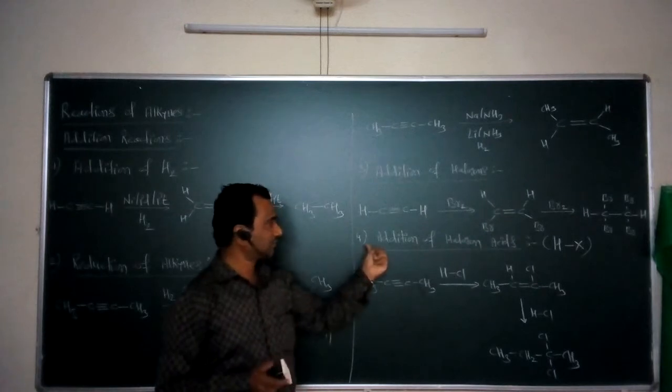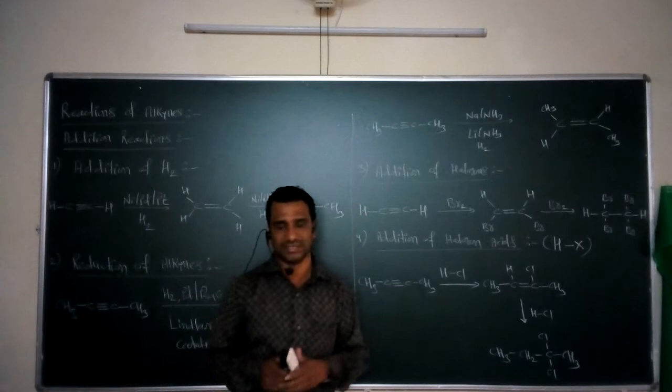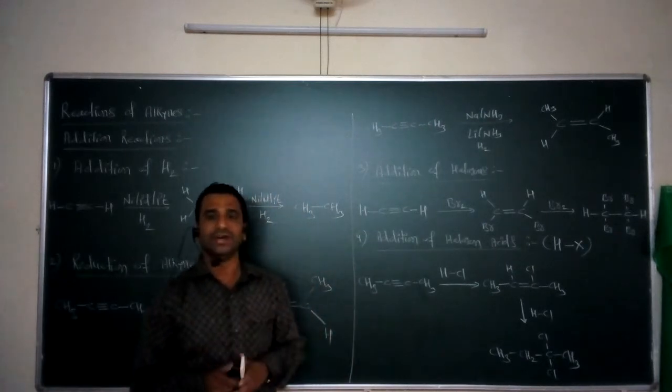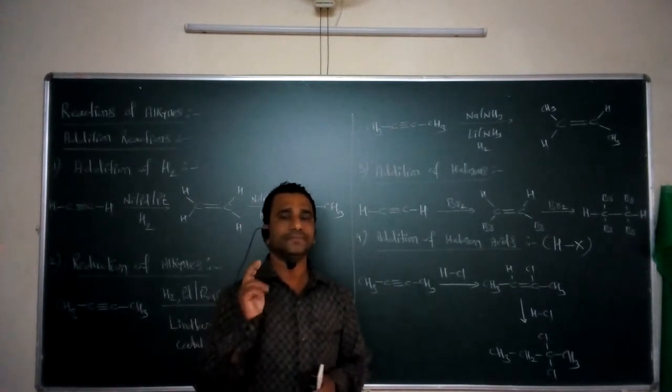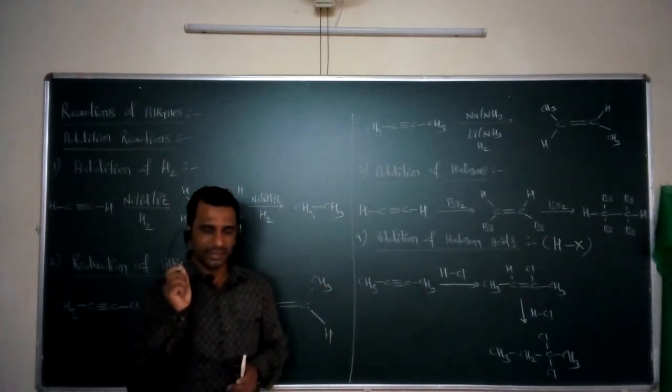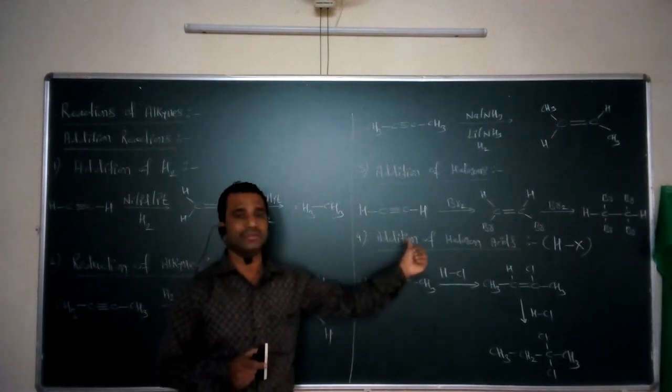After this, the fourth type of reaction shown by alkynes is called the addition of halogen acids, that is HX. Whenever these halogen acids interact with alkynes, geminal halides are obtained.